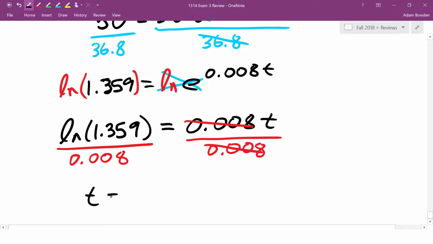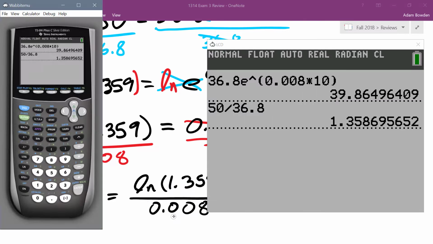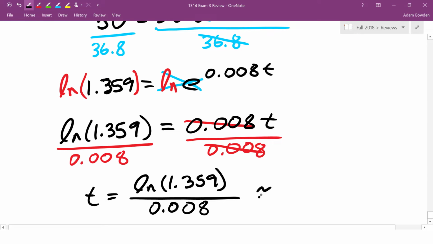So t is equal to ln 1.359 all over 0.008. We can now plug this into the calculator, hit enter, and we'll get approximately 38.3. So that tells us the number of years, 38.3 years.